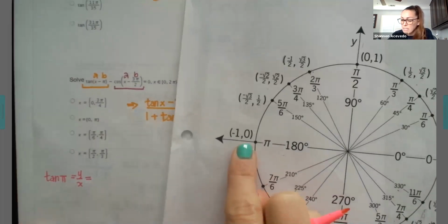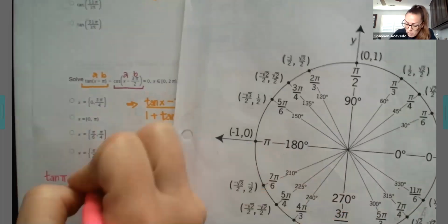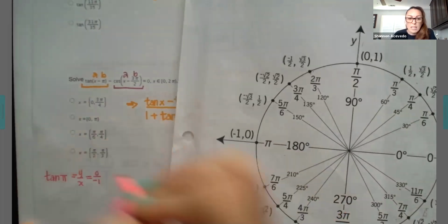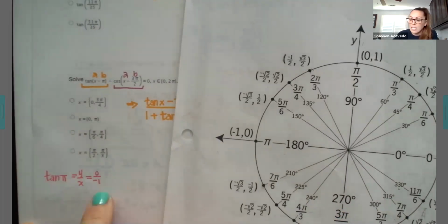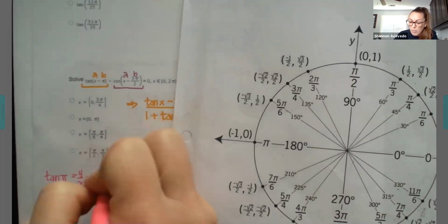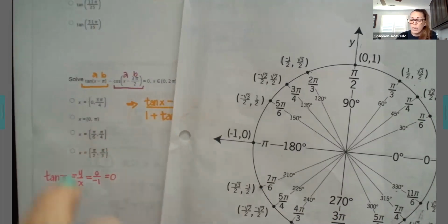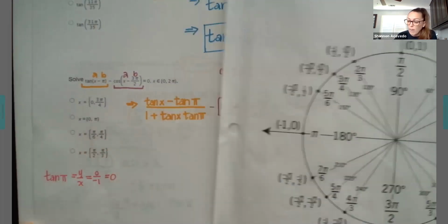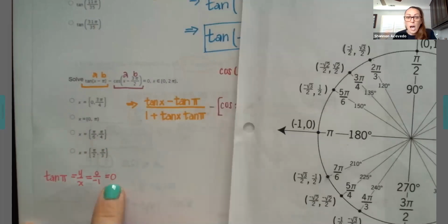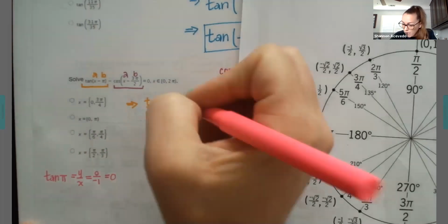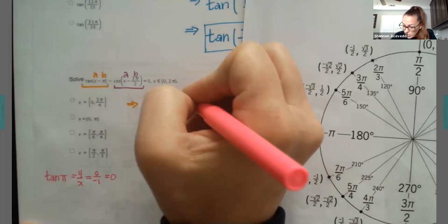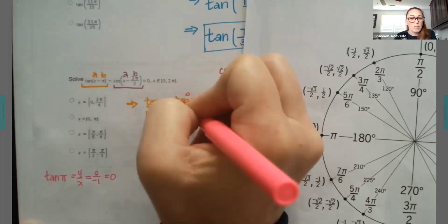Tangent of pi is 0 over -1. 0 divided by anything is going to be 0. Now remember, if 0 is in the denominator, it's undefined, but 0 in the numerator just makes it 0. So wherever I see a tangent of pi, I can plug in the value of 0.